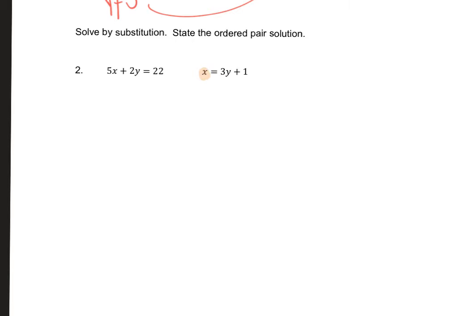And that means I'm going to write my first equation as a template. Like that.